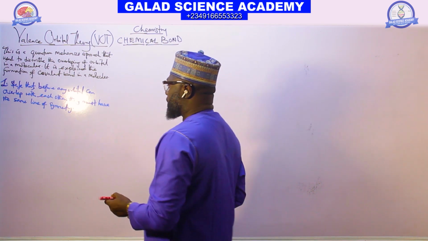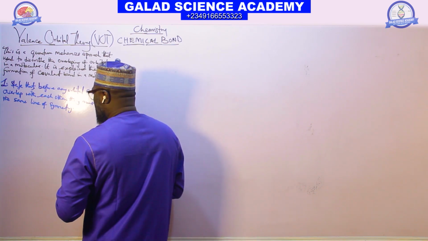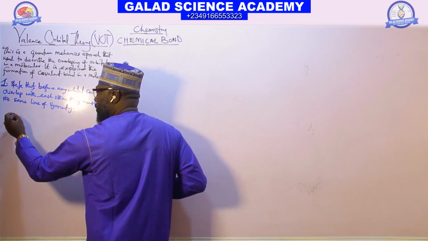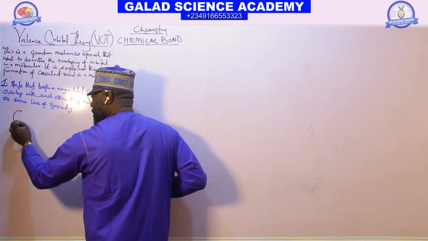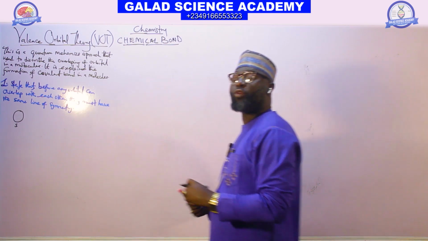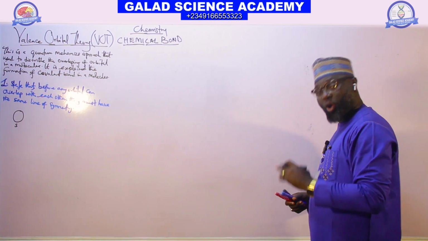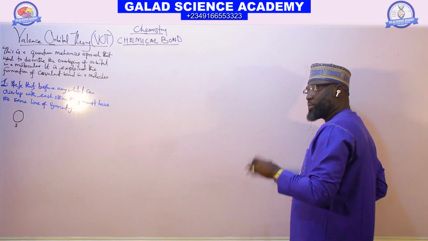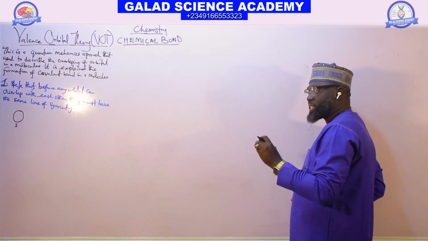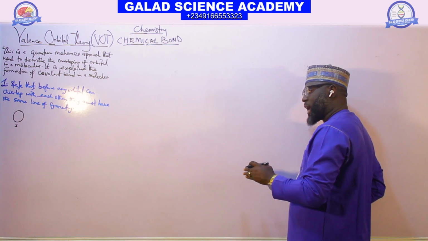If we have an s orbital, recall from atomic theory, atomic orbitals. Now we have the quantum numbers, principal and azimuthal. The azimuthal quantum number explains the shape of the orbital, abi?